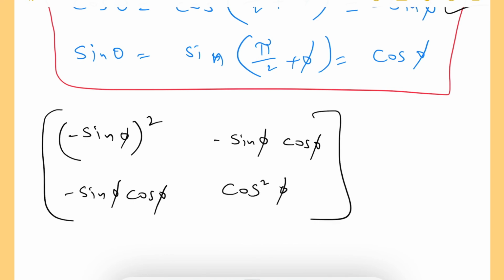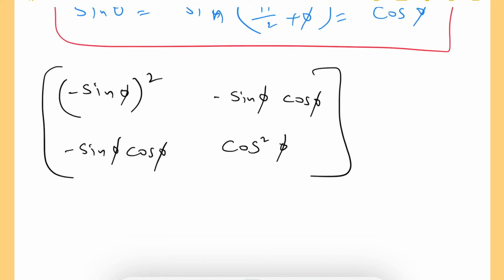Now the first element is minus sine phi whole square. If you square it, it becomes plus, so the minus is cancelled. Finally we remain with sine square phi. So this is the A value: sine square phi, minus sine phi cos phi, minus sine phi cos phi, cos square phi.